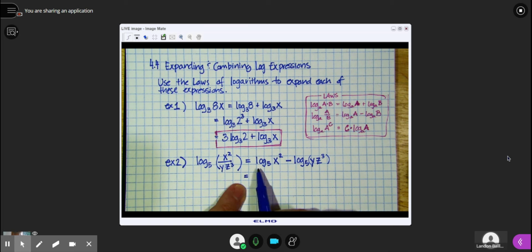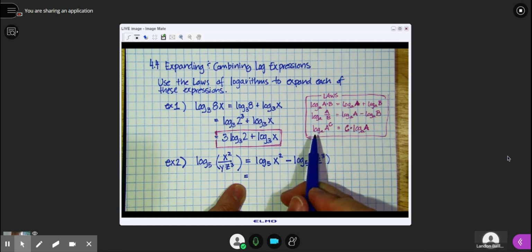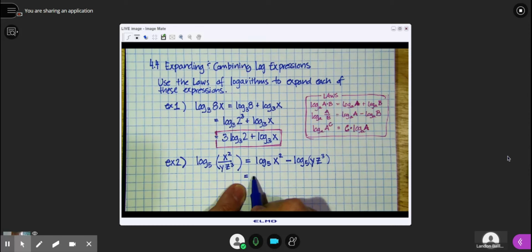Now, looking at this first log base 5 of x squared, I have an exponent on it, and I can use the third law to move that 2 out in front. So there's also, you mean like an order of operation kind of thing? Not, there are a couple of things that we would do first. For example, I split the a over b first, right? Now that this one is separate, I can go ahead and put 2 log base 5 of x.